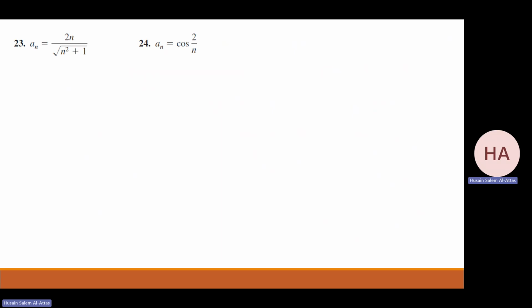Okay. 2n over square root of 10 n squared plus 1. This is from the book. I need to find the limit of an as n goes to infinity.